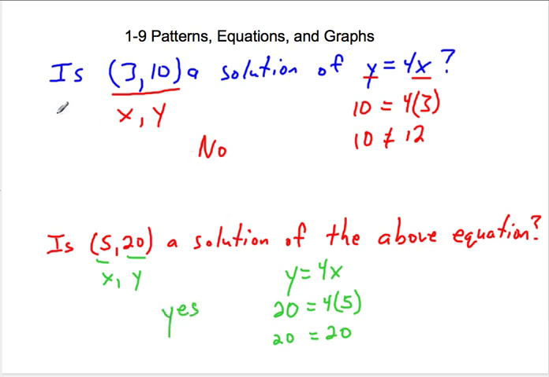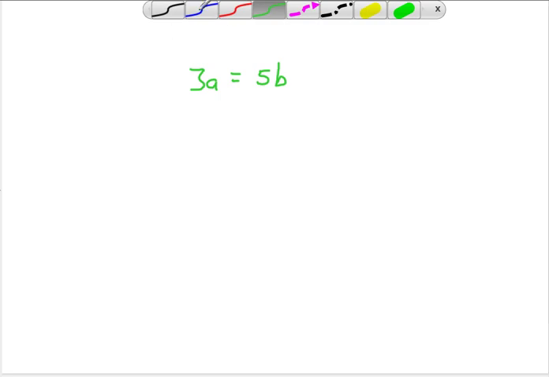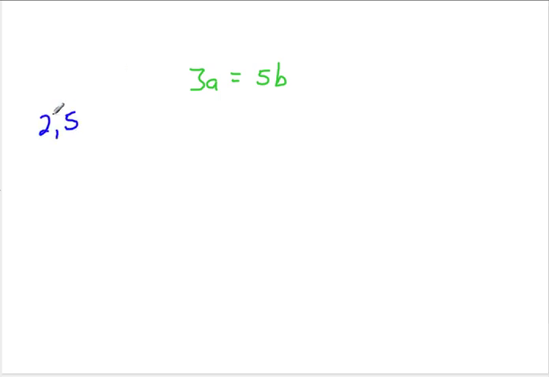Now, not all equations have x and y in them. Some equations might be like a and b. So we could say 3a equals 5b. And so if I gave you an ordered pair like 2, 5, and I said, is this a solution to this equation?